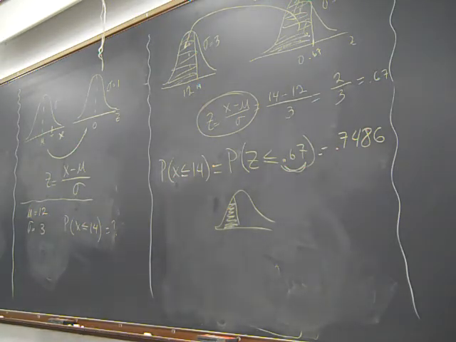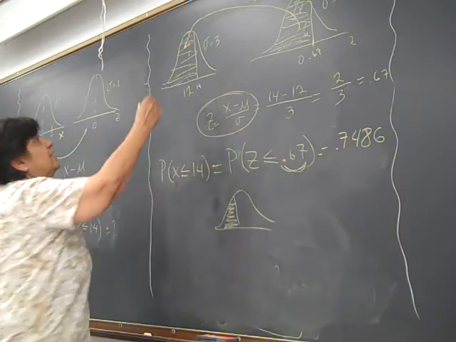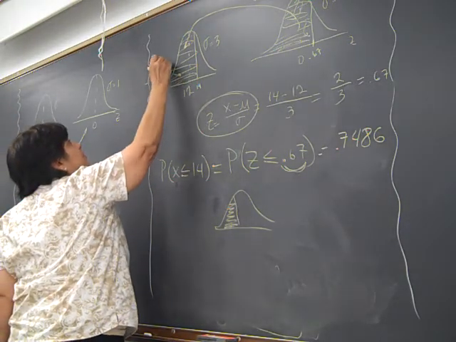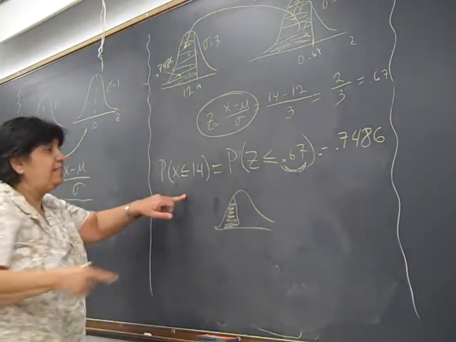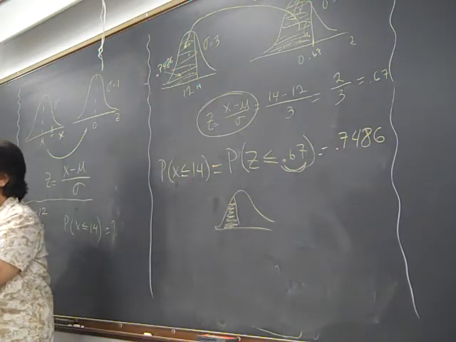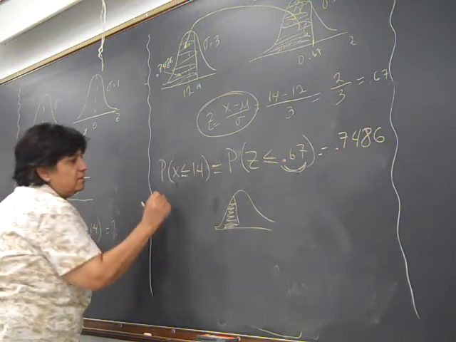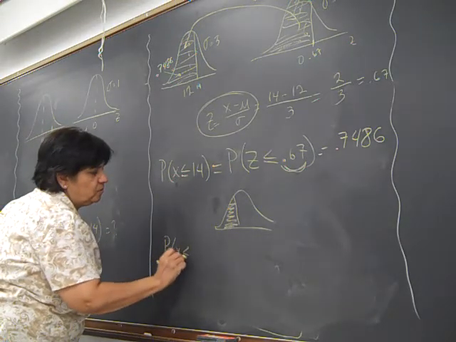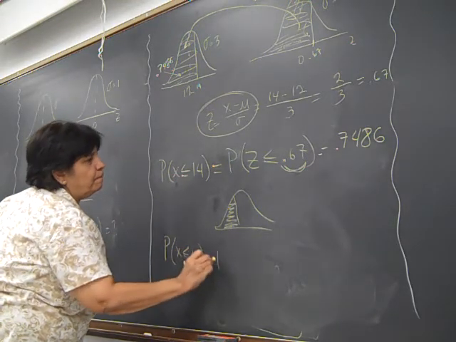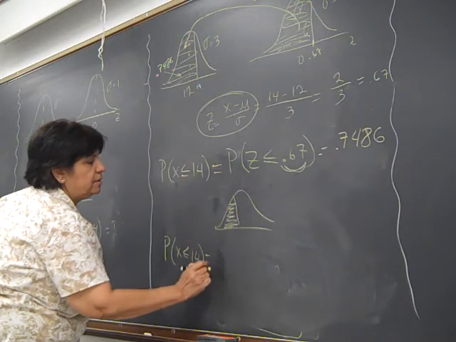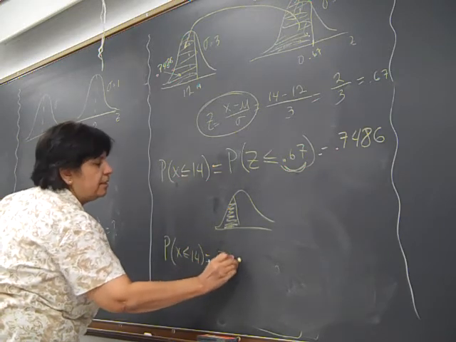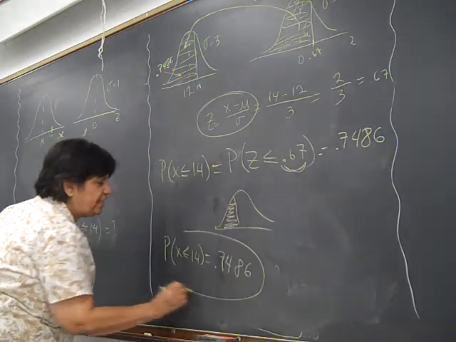And that is the answer. The probability that the next call is less or equal than 14 minutes is 0.7486. So this is the answer.